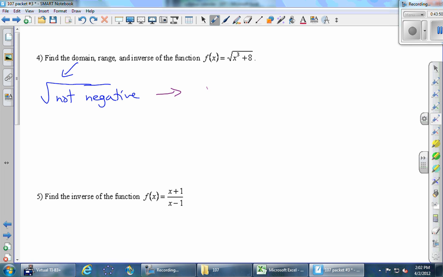So said another way, you need the x cubed plus 8 to be on the good side of the number 0. What's the good side? Greater than 0, right? That's how you make it not negative. Eric is saying equal to is all right. Is the square root of 0 okay? Yes, it is. So this is what we solve.